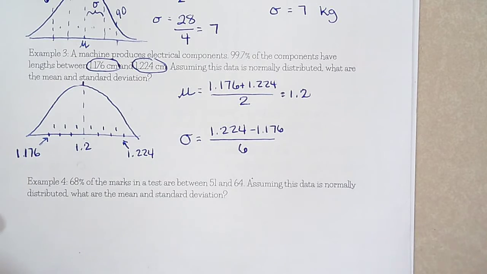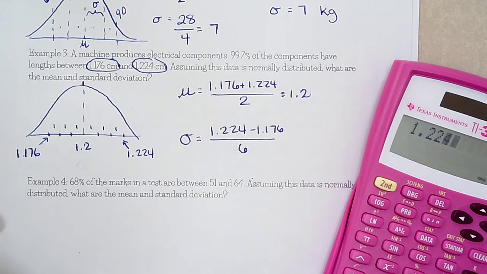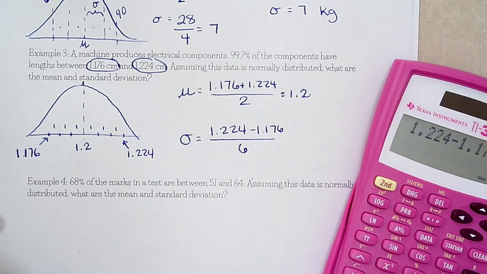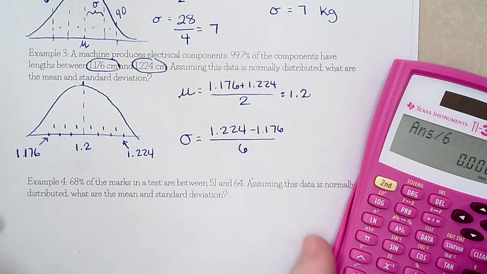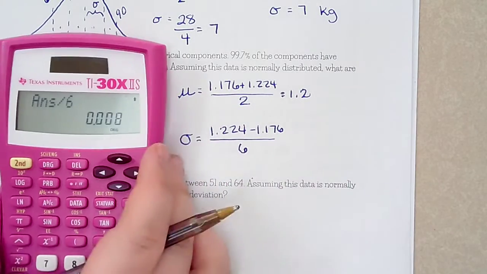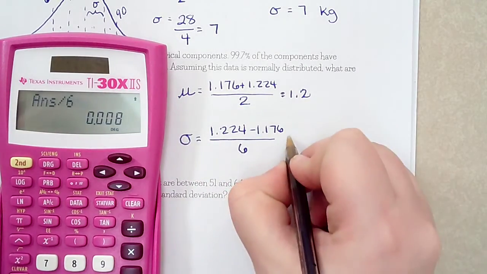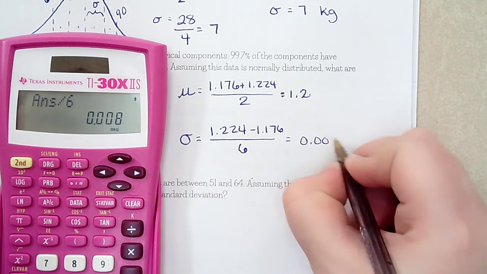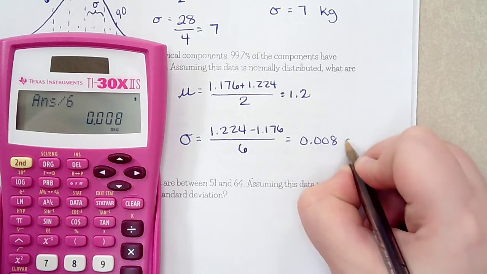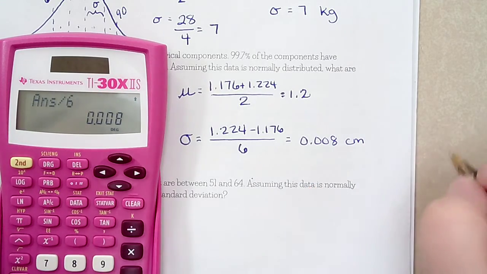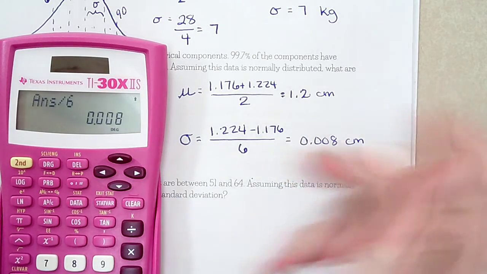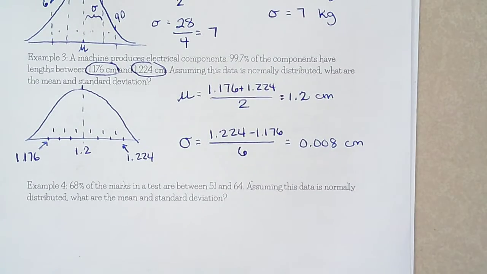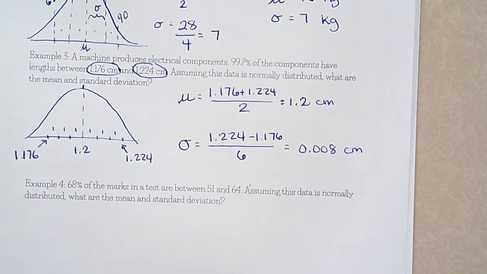When I do this, 1.224 minus 1.176 divided by those 6 deviations, this one's going to be really small because there's not a big standard deviation here. We get that 1 deviation is about 0.008 centimeters. So not a very big change there.